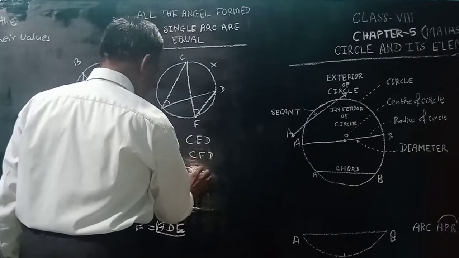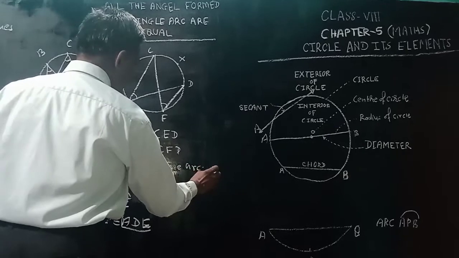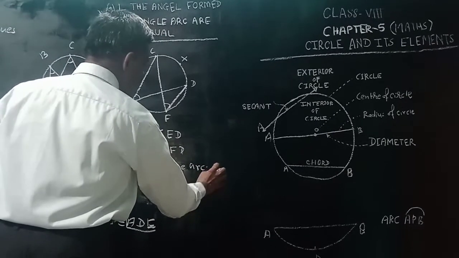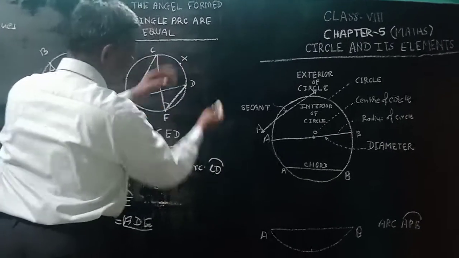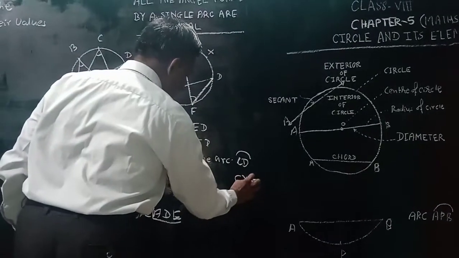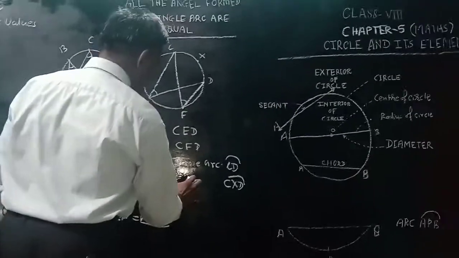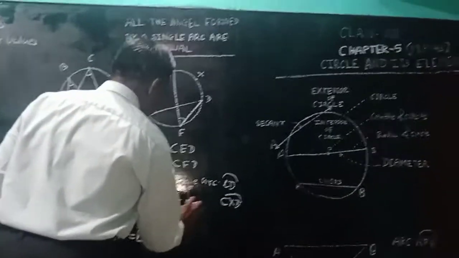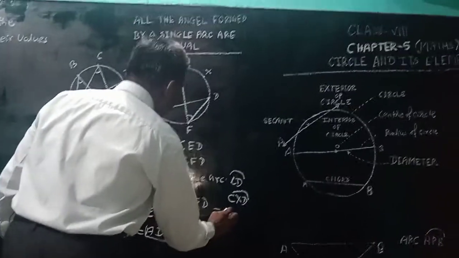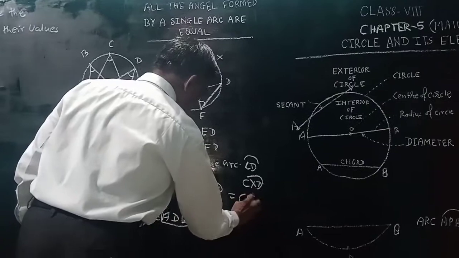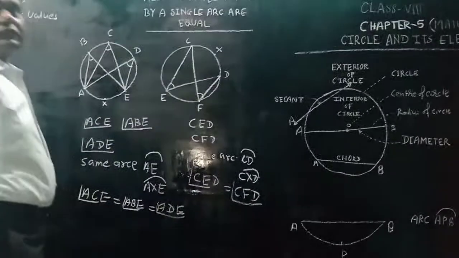For both angles the arc is the same, CD. To identify the actual position of the arc, it is represented by CXD. And the angles subtended by this arc, CED and CFD, are equal. So these angles are equal.